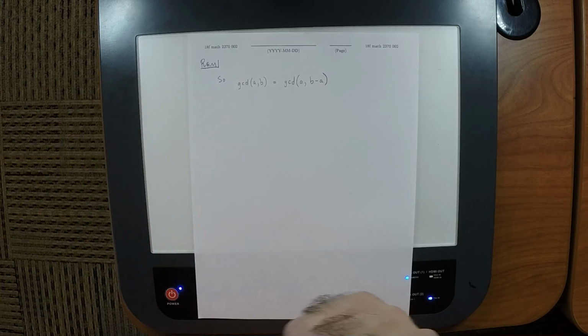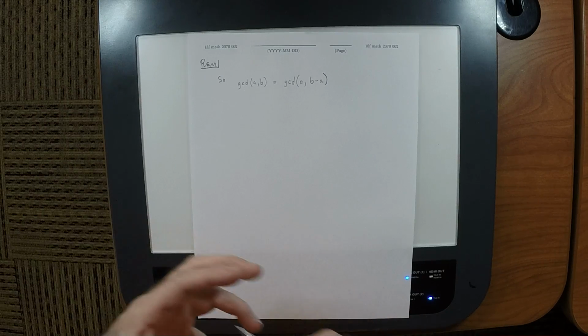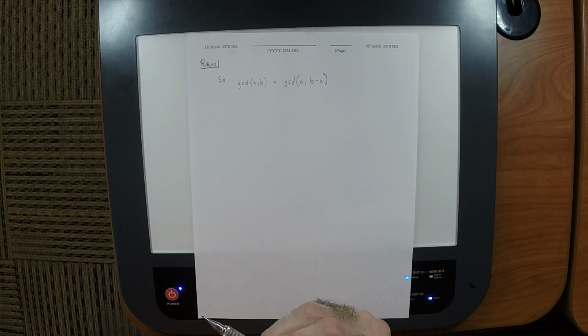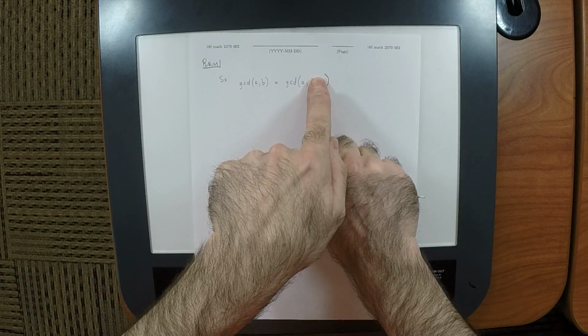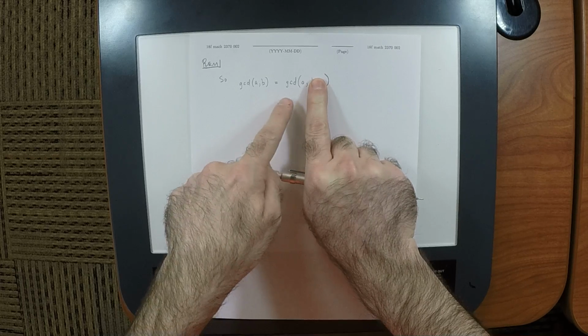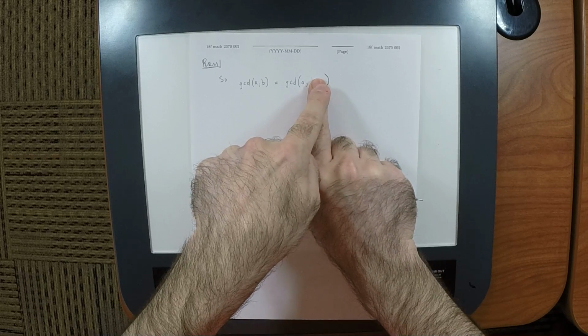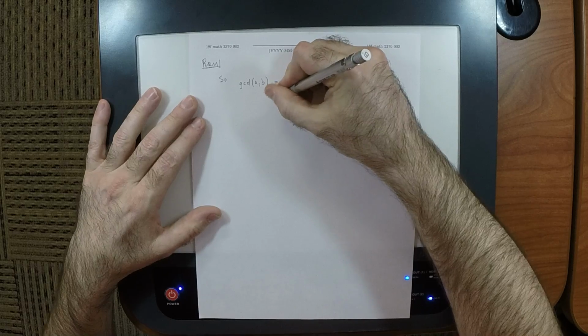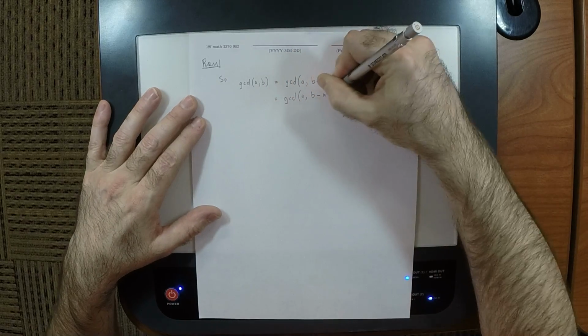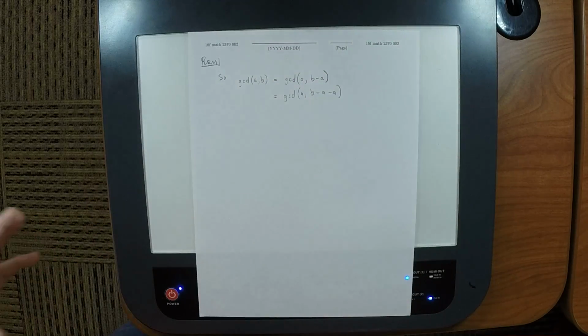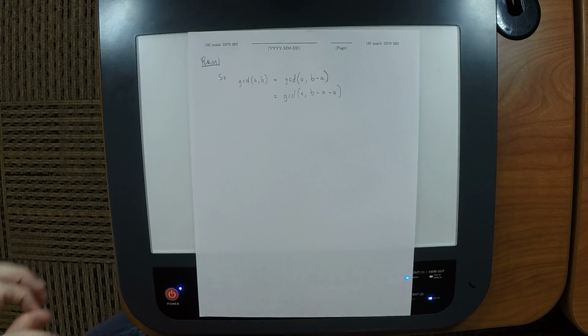Okay, so 1A. But if it works for 1A, if it's just one of them, then ignoring that and just saying that's whatever it is, I should be able to take an A from that one too, right? So this should be equal to GCD of A and B minus A, as long as that continues to be a natural.